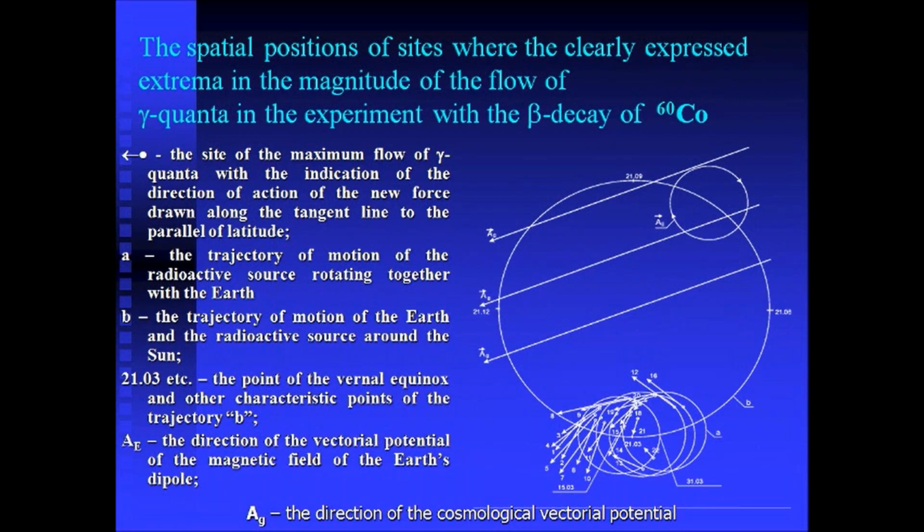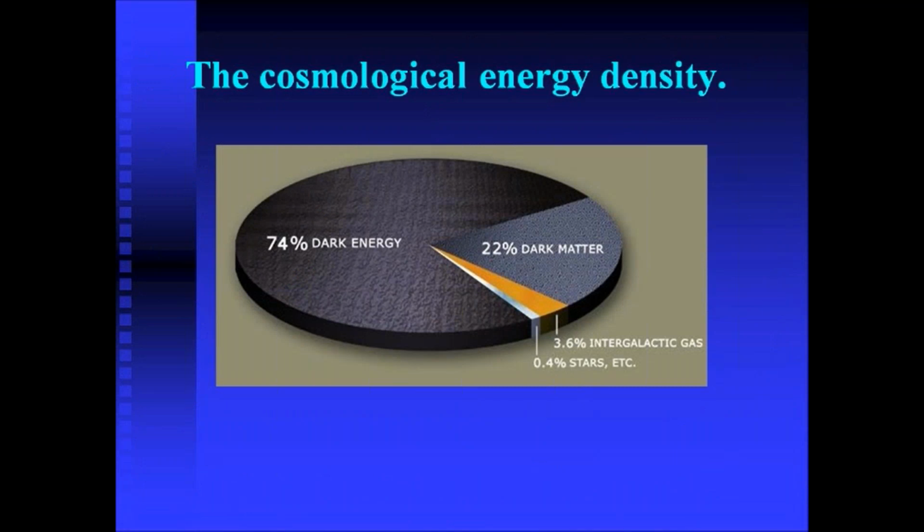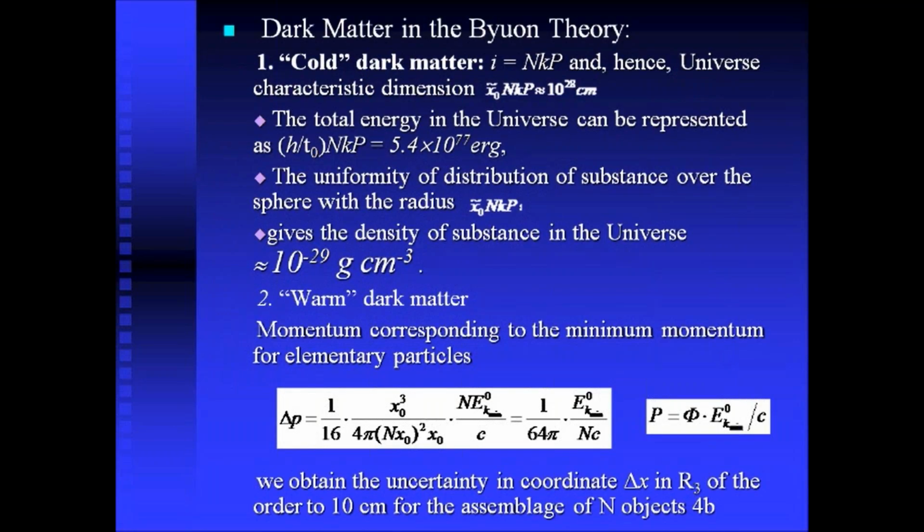All astrophysicists know the distribution of the cosmological energy density. Theory of ions shows the nature of cold and warm dark matter. The dark matter is a physical space, a spatial quantum medium formed during contact ion-ion interaction.